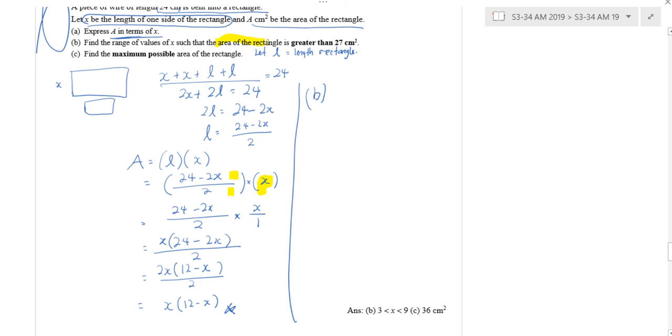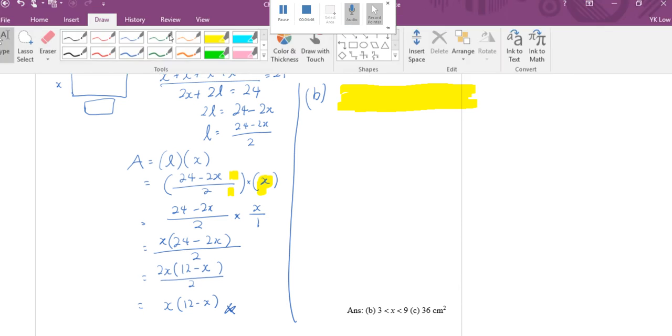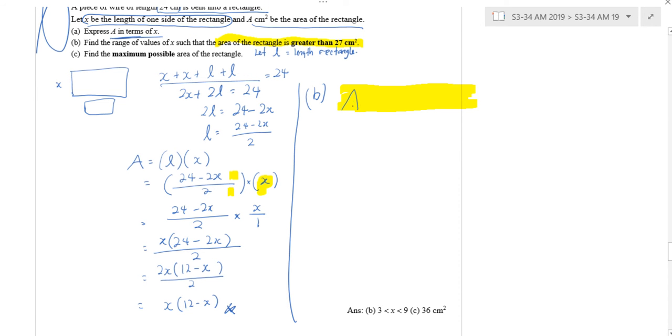Can you highlight area greater than 27? Form an inequality. Write the word area, show me the inequality sign, then write 27. In 5 seconds, write down what you think is correct.